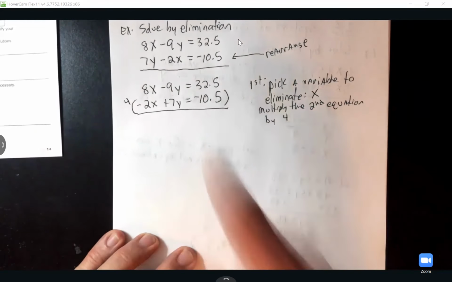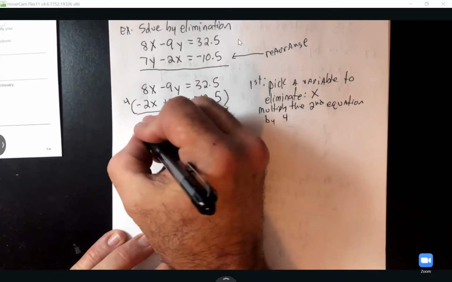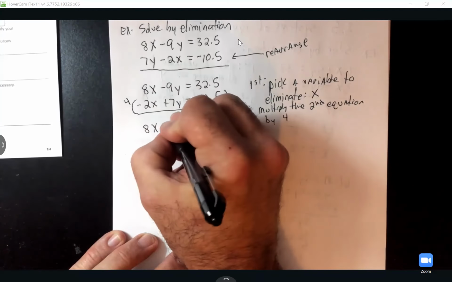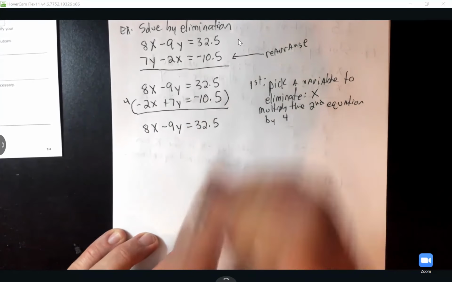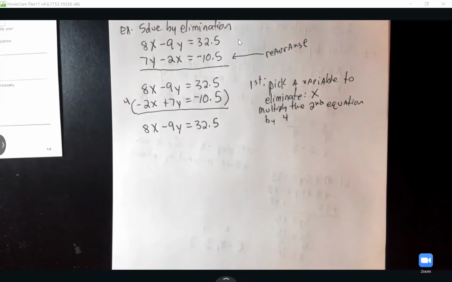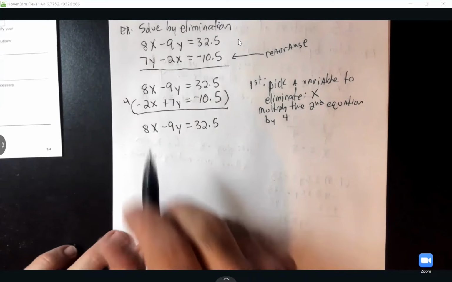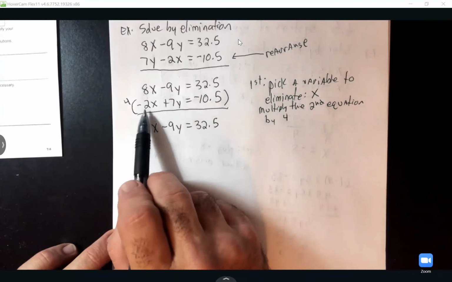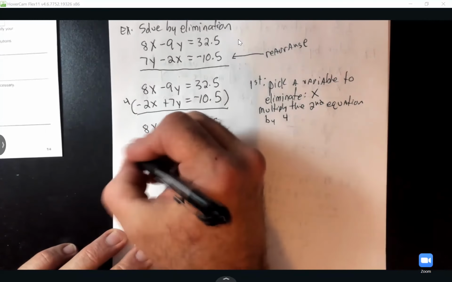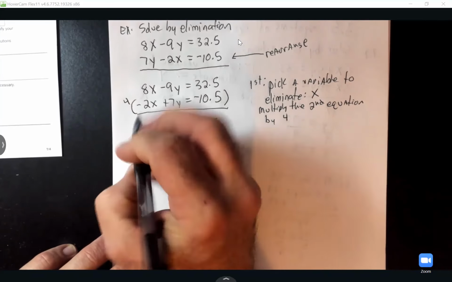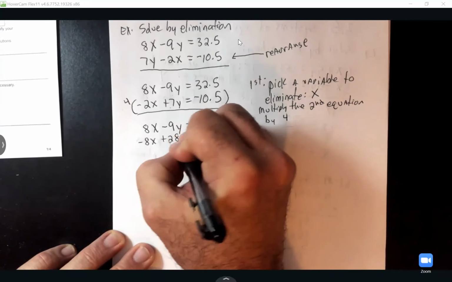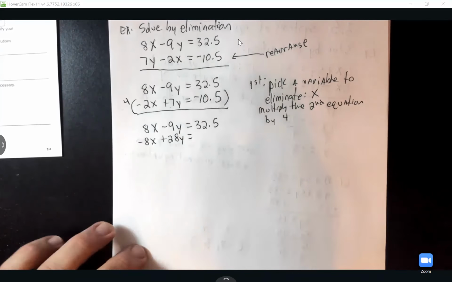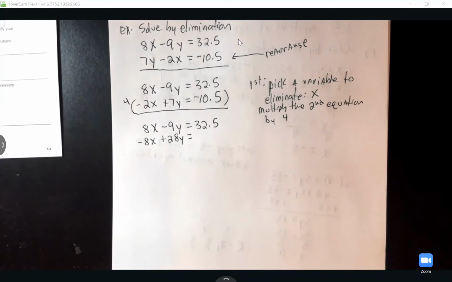Notice I didn't change the top one, so the top one stays 8x minus 9y equals 32.5. We are changing the second equation. If you multiply by 4, 4 times negative 2 gives me negative 8x. 4 times 7 gives me 28y. 4 times negative 10.5, let me calculate that.